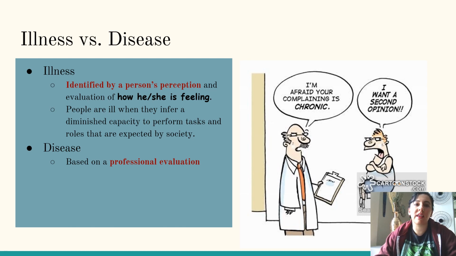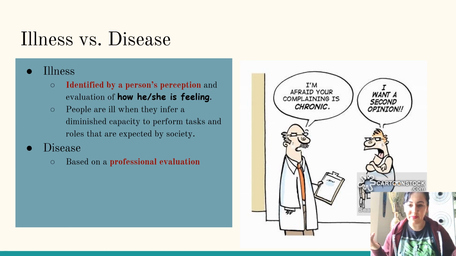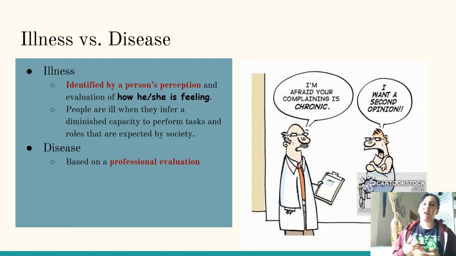So next, let's look at the difference between illness and disease. Because I know even I do this, but we all use the word illness like it's a scientific term. Okay, but realistically, illness is how you feel.